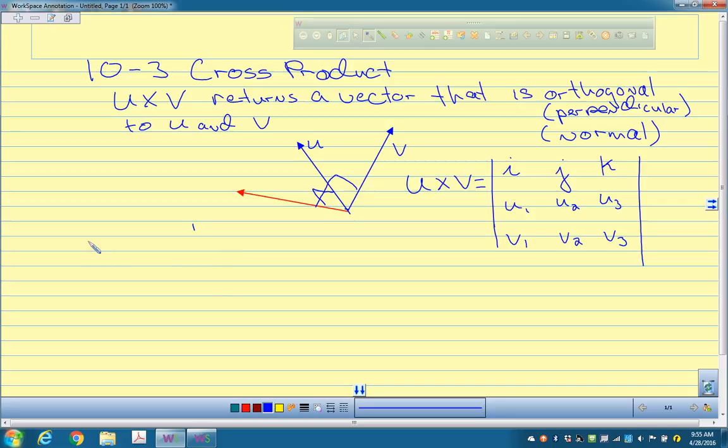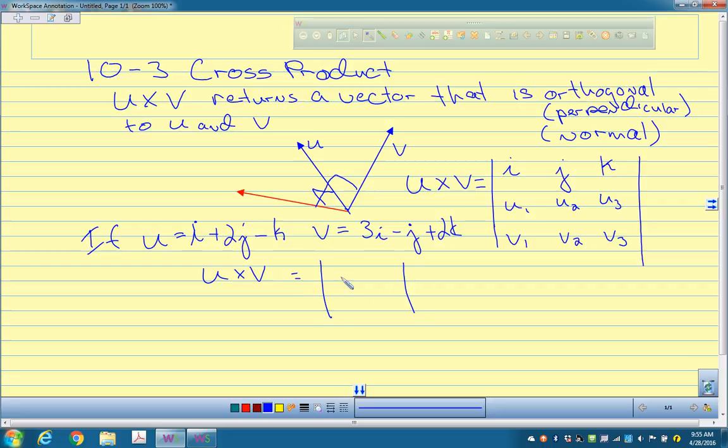So if U is equal to i plus 2j minus k, and V is equal to 3i minus j plus 2k, then U cross V is equal to, so you go up here, you put an i, a j, a k, and then you put the numbers: 1, 2, -1, 3, -1, 2.